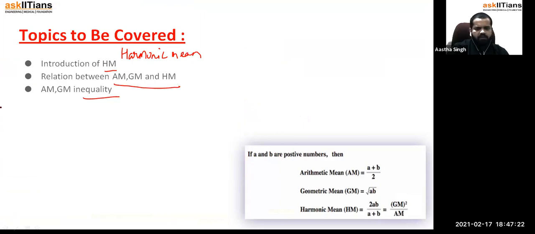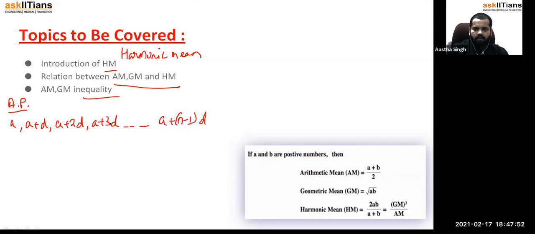Let me just give you a brief idea of what we have studied till now. An AP is a progression having the same difference, its common difference is the same. If you write the first term as a, then the second term will definitely be a plus d, then a plus 2d, then a plus 3d, and so on, to the last term, which will be a plus n minus 1 into d.